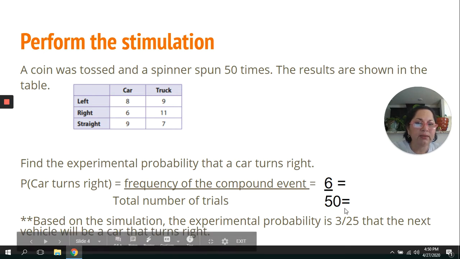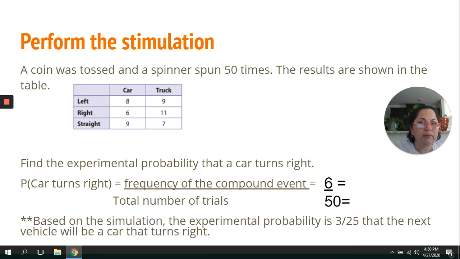Now we know that 6 and 50 are both even numbers. So take a minute and simplify 6 fiftieths and see what you get. If you remember that 6 and 50 are even numbers, they both can be divided by 2.